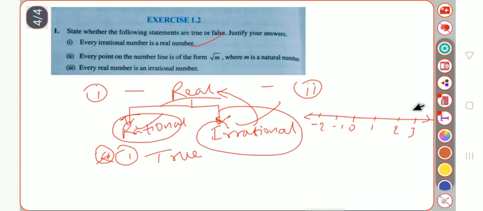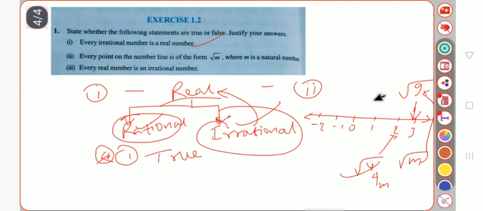See here, this is 3, so we can write it as the square root of 9, which is 3. So it is of the form root m, where m is a natural number, here 9. Now coming to point 2, we can write it as root 4, so m is 4. So we can represent 2 and 3 as root m.